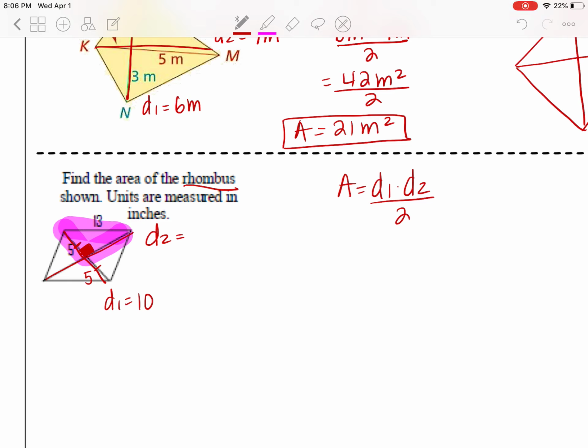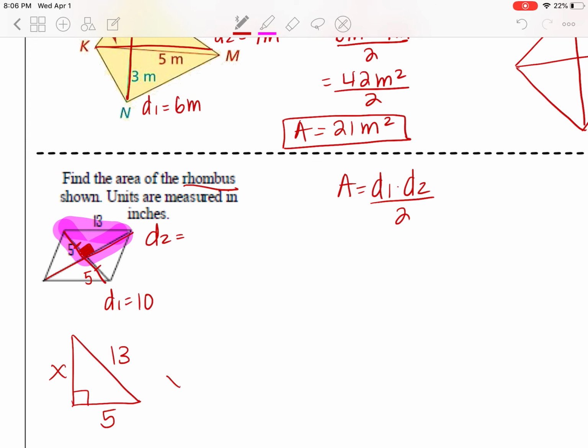First, we need to recall and identify the relationship of the Pythagorean theorem because we can already identify that right triangle. And we can use the Pythagorean theorem to help us find the length of the diagonal. I'm going to go ahead and redraw that right triangle so we can see it better. We know that the short leg is 5 and the hypotenuse is 13, right?